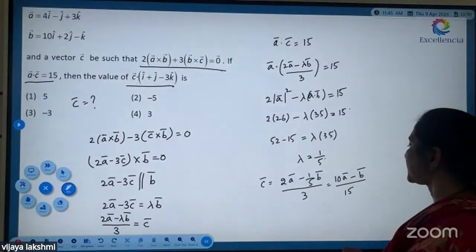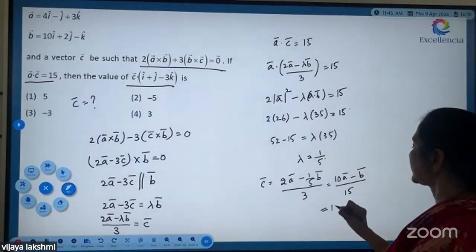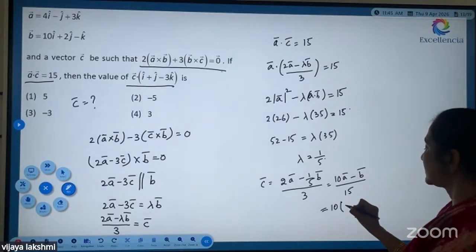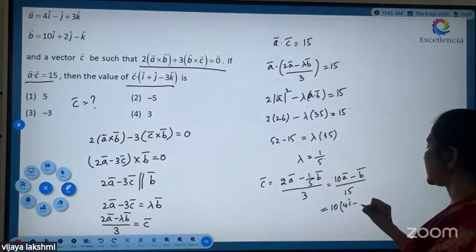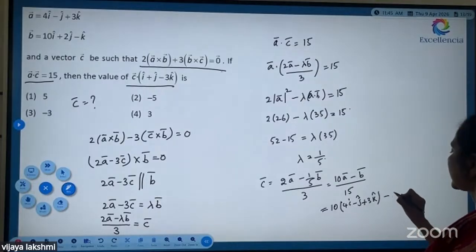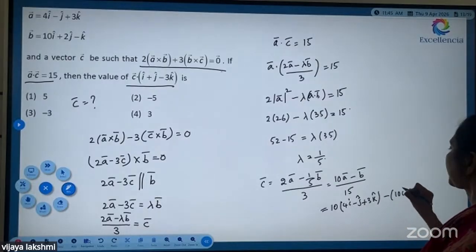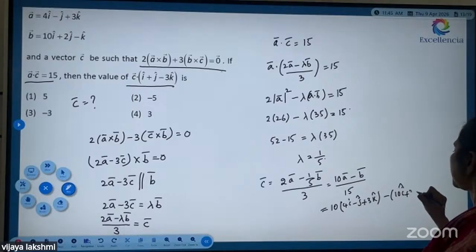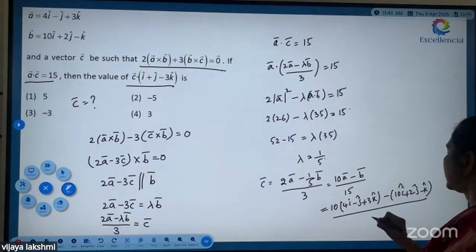When you simplify, a bar is given as 4i cap minus j cap plus k cap, minus b bar is 10i cap plus 2j cap minus 8k cap, divided by 50.